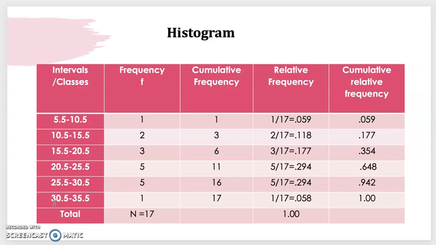So we have 5.5 to 10.5, and then 32.5 to 35.5 for the highest group. Then you can see we have the frequency that can be counted, or you can use the relative frequency, the count divided by the total count, so that you get the percentage.